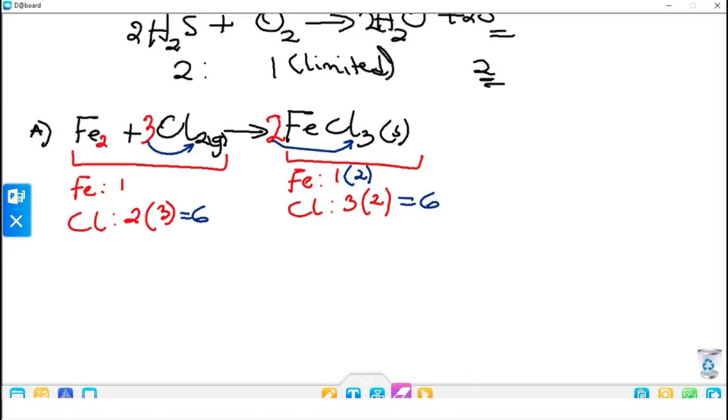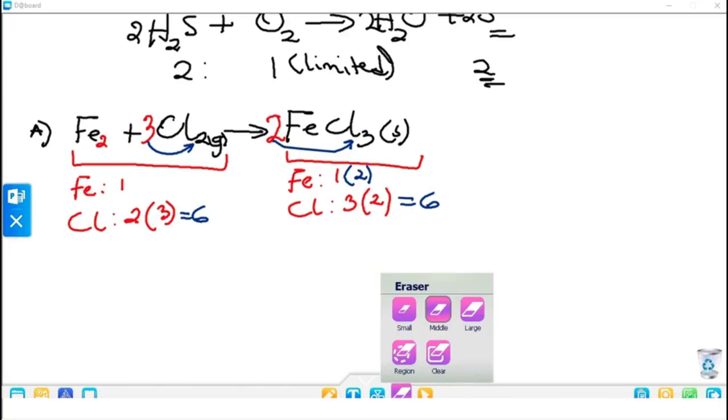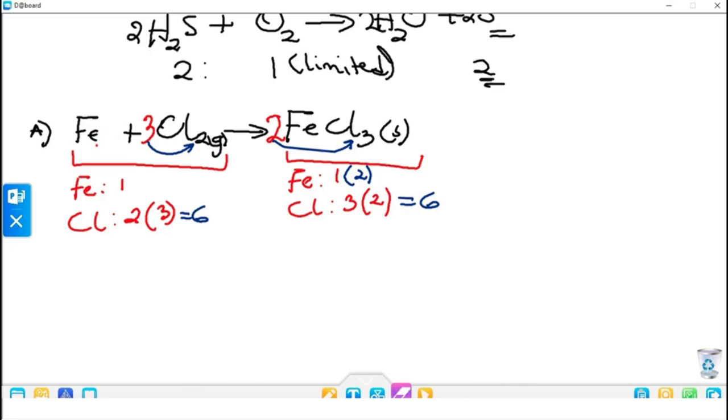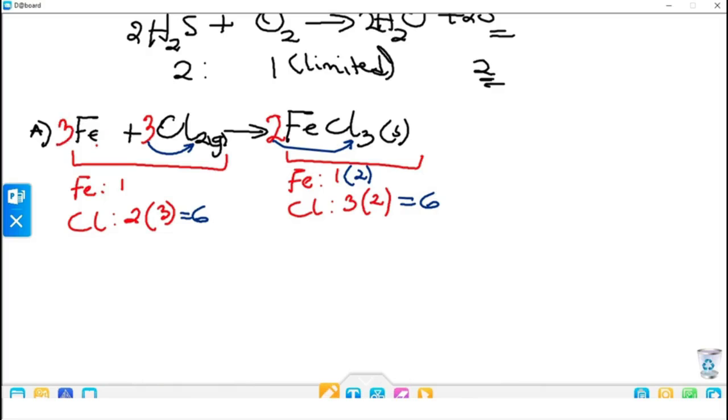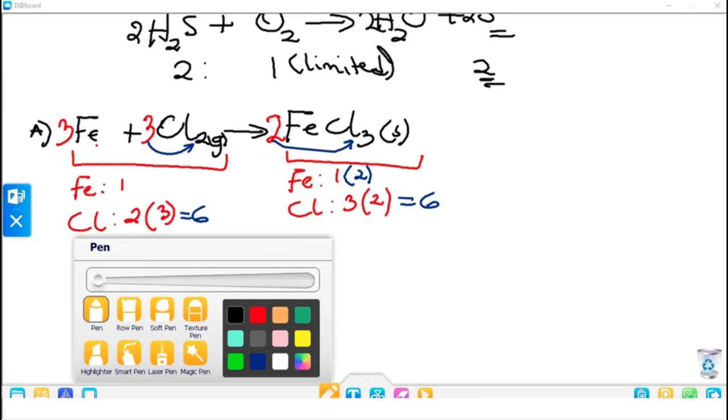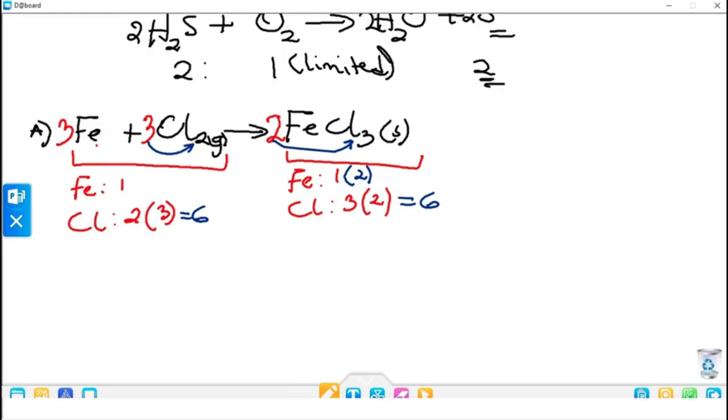But that would violate one of our rules that says numbers shouldn't be used as subscripts or superscripts. We shouldn't balance equations with subscripts. All equations must always be balanced with coefficients, that is, whole numbers.